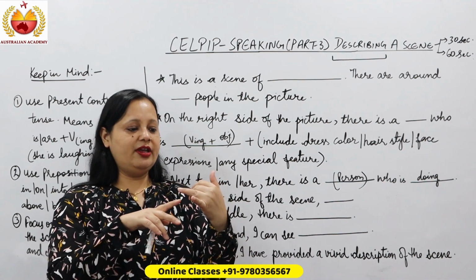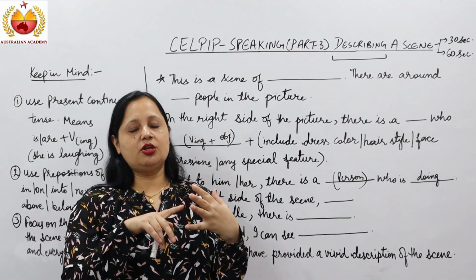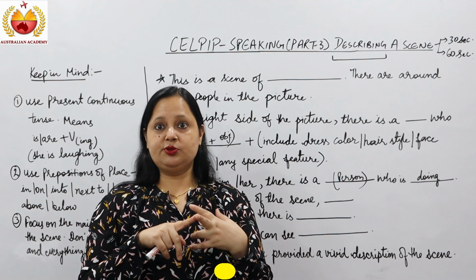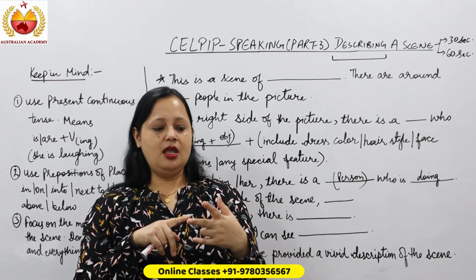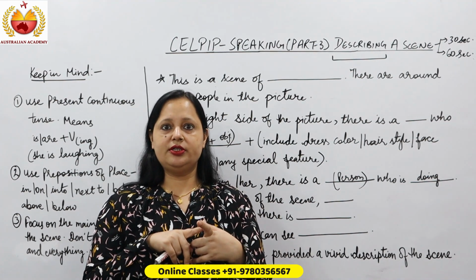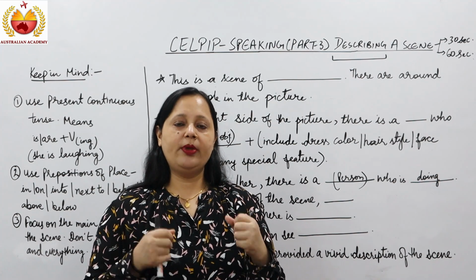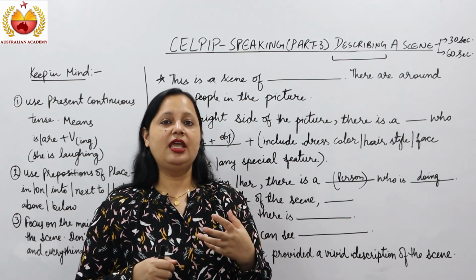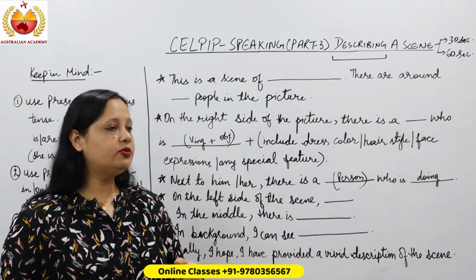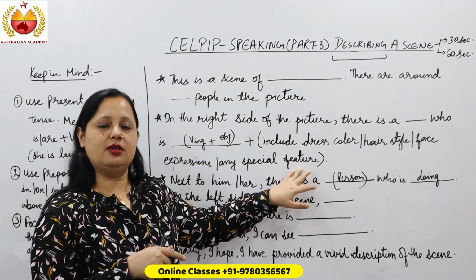Appearance includes whether they are fat or slim, tall or short, their facial expressions, hair color, dressing, what kind of dress they are wearing, the color of their dress, if they are holding something in their hand. There are so many things you can talk about a person, and you need not speak about everything. Just select a few things and include, and always focus on what is easy for you to speak instead of getting confused.